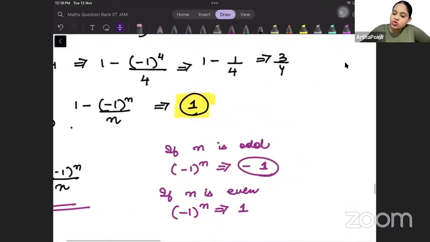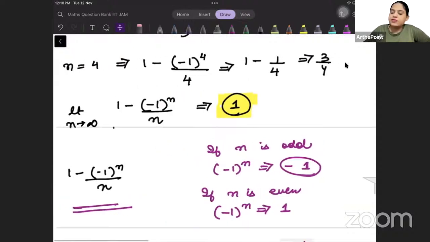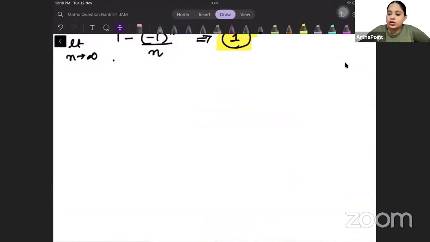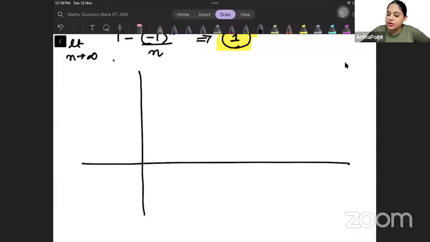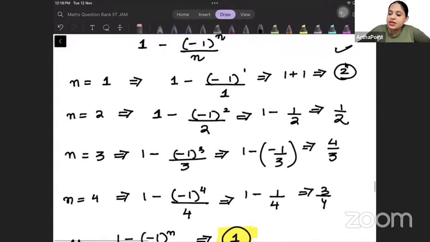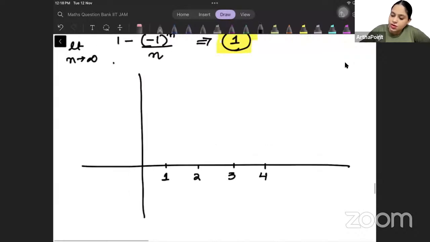Okay. Now just try to understand what we are doing here. So if I try to plot these points, right? So n1, n2, n3, n4. When n is 1, I'm getting the answer as 2. So suppose somewhere here I have 2. This is 1.